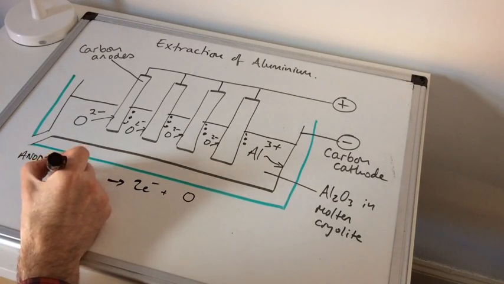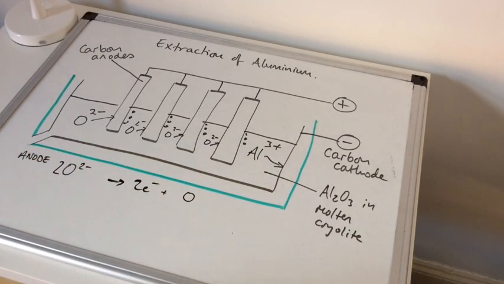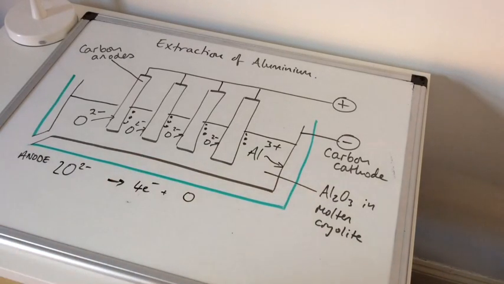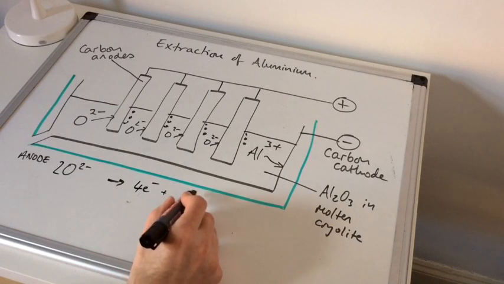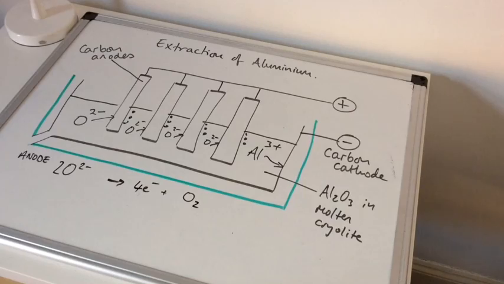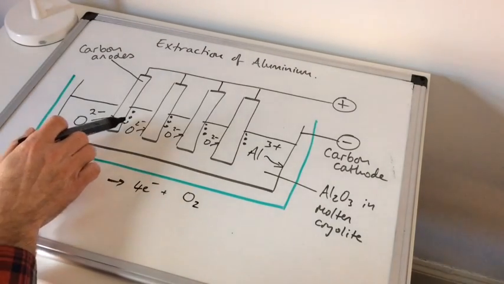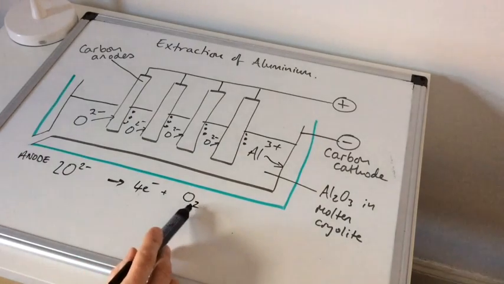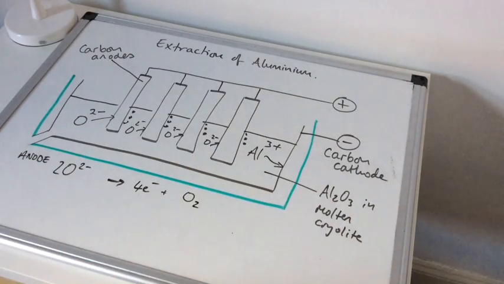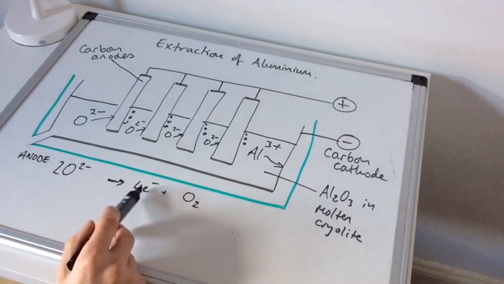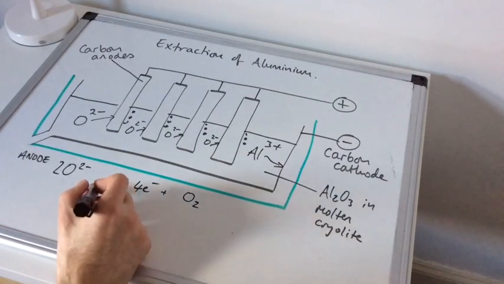Now if 2 of those ions do that, then each one loses 2 electrons, so 2 would lose 4, and you'd end up with 2 of these, and so we form the O2 molecule. You can see I've drawn little bubbles here. That's to represent the fact that we get oxygen gas produced at the positive electrodes. Is this oxidation or reduction? Well, the oxide ions have lost electrons, so this is oxidation.